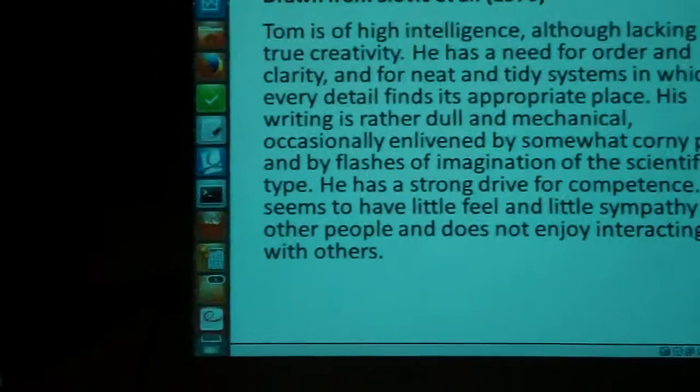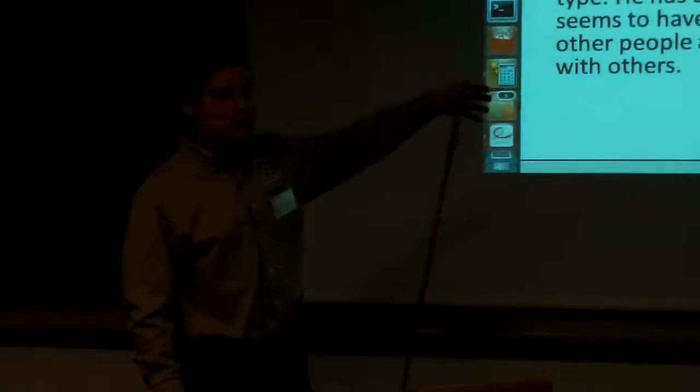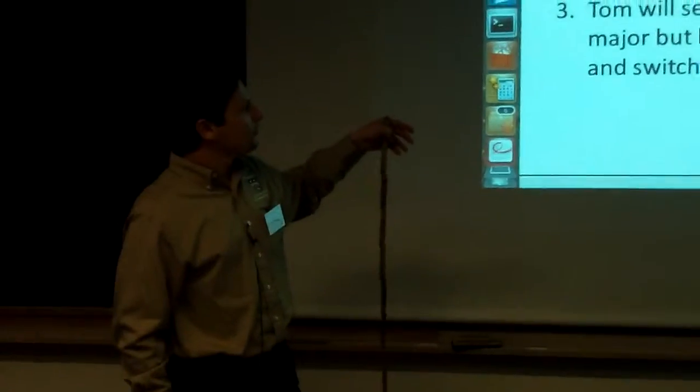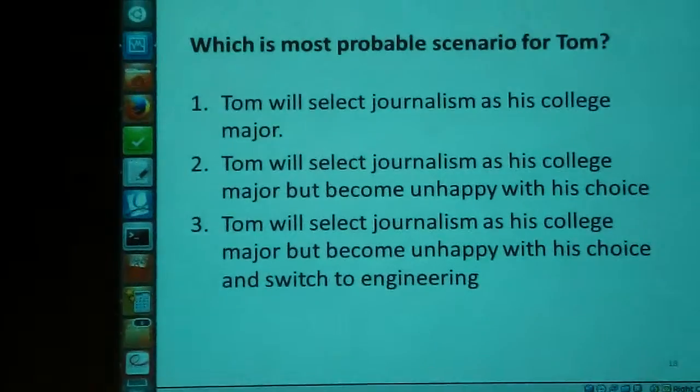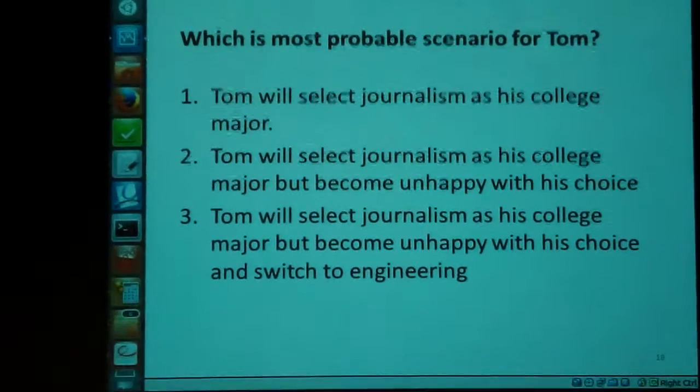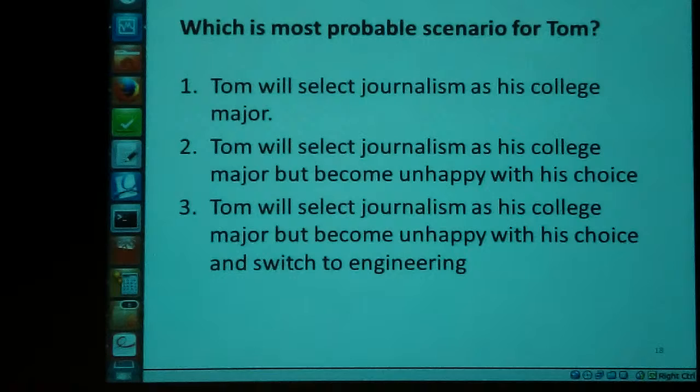Now, I apologize, it plays off stereotypes. A bunch of people were given this description and then given these three scenarios. The first one is, Tom will select journalism as his college major. Two, Tom will select journalism as his college major but become unhappy with his choice. And the third is, Tom will select journalism as his college major but become unhappy with his choice and switch to engineering. Now, this is a learned audience.